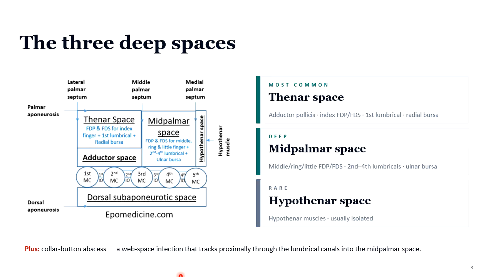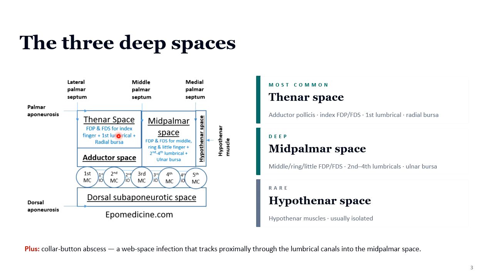This diagram hopefully reinforces what I explained in the previous slide. Just to summarize, if you imagine that where my laser pointed now is dorsal and at the top is palmar, you have on the radial side the thenar space, which basically is just deep to the tendons of the flexor digitorum profundus and superficialis with the index finger.